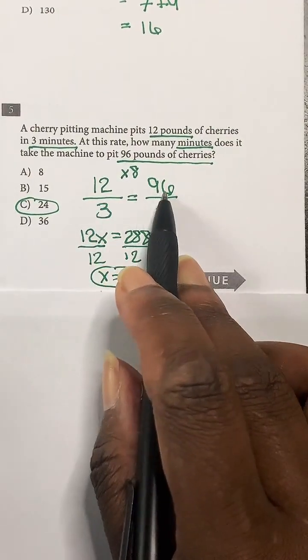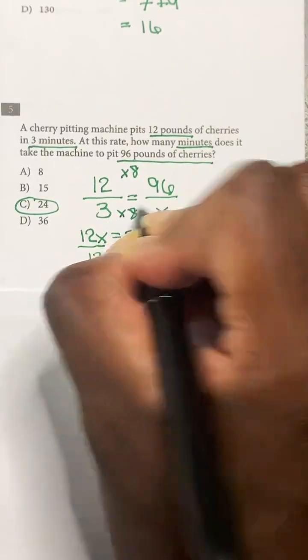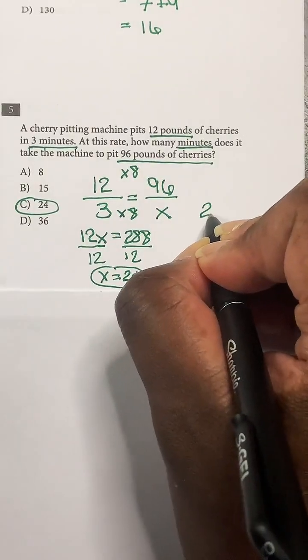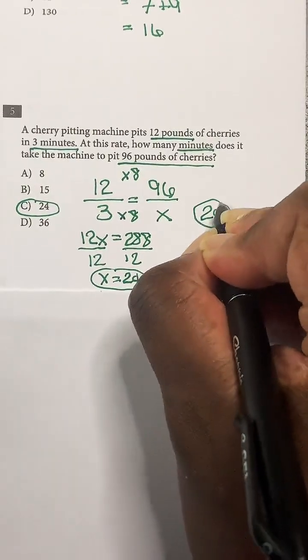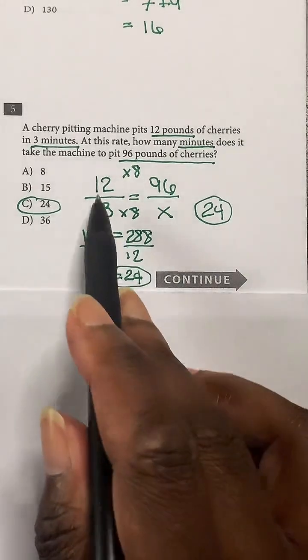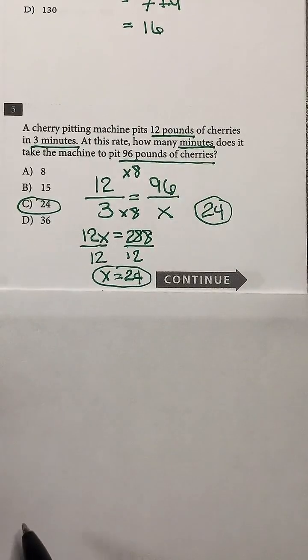Whatever I multiply in the numerator, I got to multiply in the denominator. So 3 times 8 will also give me my 24. So that's two ways you could do it. You can either cross multiply or you can look at the pattern. You can solve it either way.